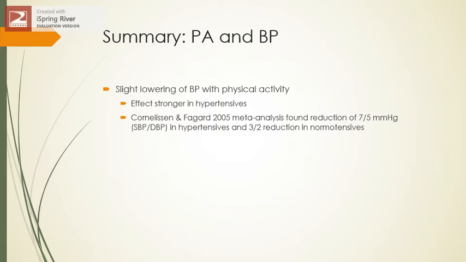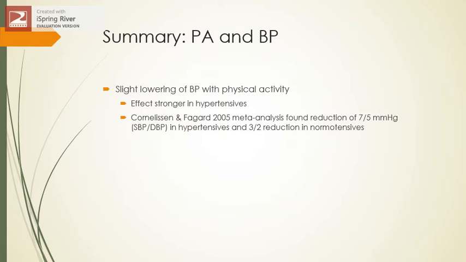And so they found a reduction of 5 millimeters of mercury for systolic blood pressure and 5 millimeters of mercury for diastolic blood pressure in hypertensives, and a reduction of 3 and 2 millimeters of mercury in people who had normal blood pressure.